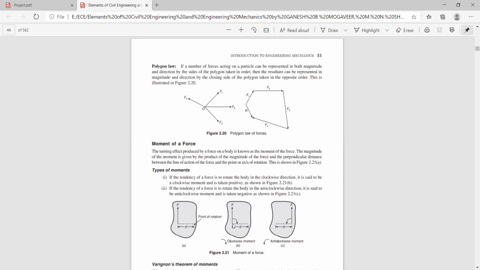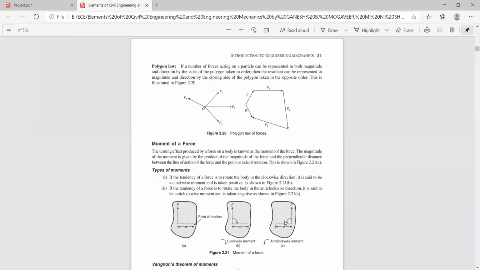Now, if you multiply the magnitude of the force with the perpendicular distance, this is giving a clockwise rotation, correct? The force is in the upward direction, and it is creating a clockwise movement. You can see here the direction of this arrow, it is showing clockwise movement. So this force is creating a clockwise movement on the body on which it acts.